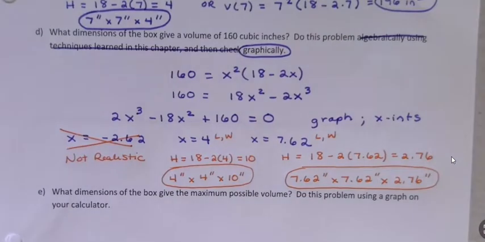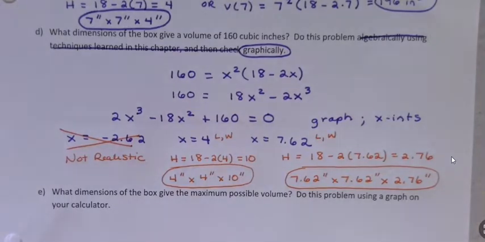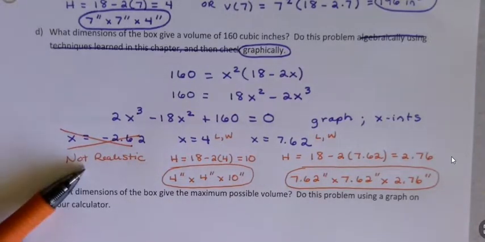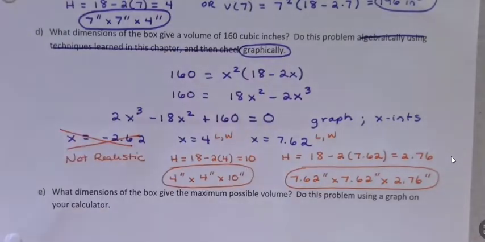Okay. So there were 2 possible ways to get a box of this shape to have that volume of 160 cubic inches. Questions at all about that? We threw out the unrealistic one, and then followed through to calculate that 3rd dimension, the height, on the 2 that were realistic.